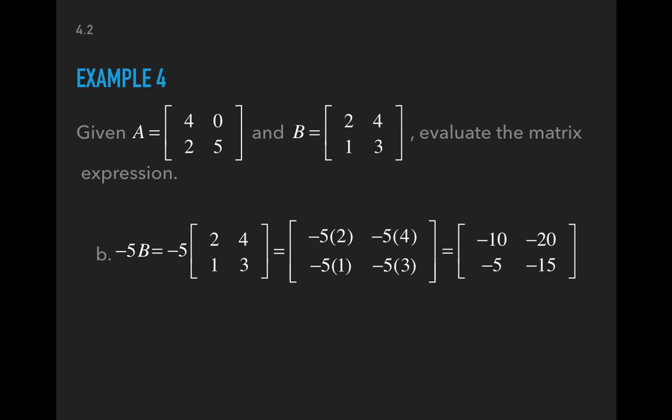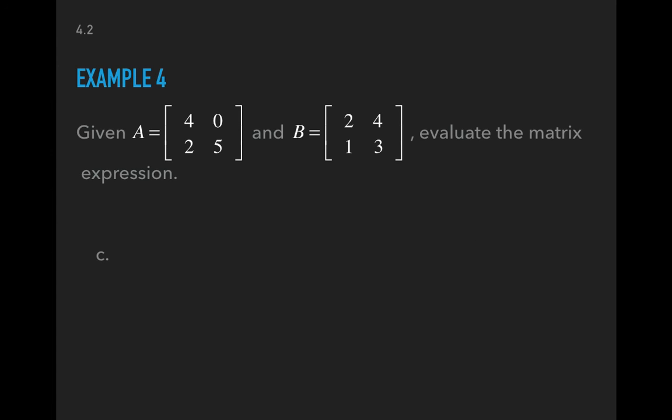Okay, now for one final and I should say maybe more challenging example. Let's work through this expression. We're combining what we've learned when it comes to adding and subtracting matrices and multiplying by scalars. So we're going to take matrix A and multiply it by a scalar of 3.